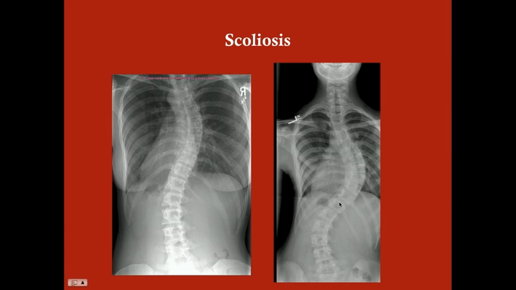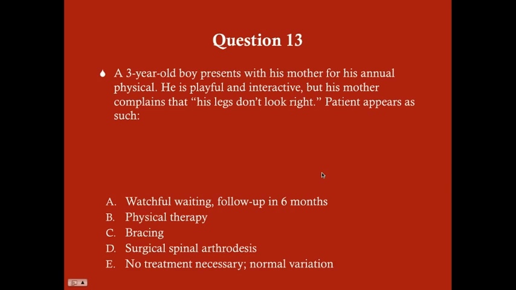You have about 45 degrees of angulation here. And the problem with scoliosis, the major complication, is that it can lead to pulmonary compromise, just because the angulation from the spine can compromise the thoracic cavity.